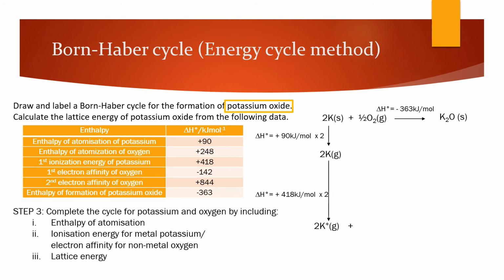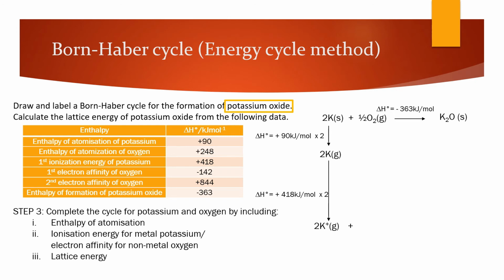Still remember what is first ionization energy definition? It is defined as 1 mole of electron is completely removed from 1 mole of gaseous atom to form 1 mole of unipositive ion.